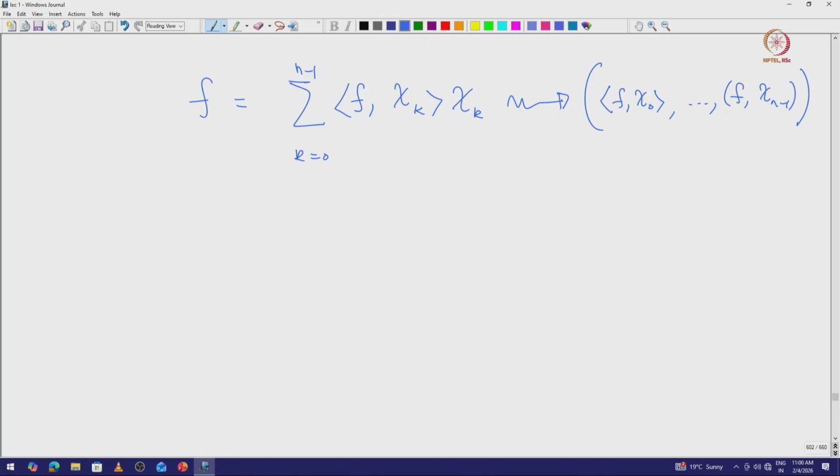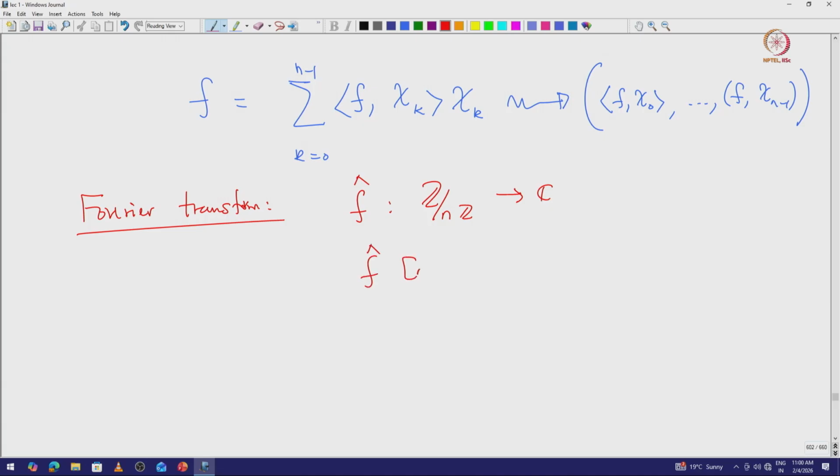So, we define this Fourier transform as follows. The Fourier transform of f is defined to be, again, a function from Z modulo nZ to C such that f hat at this coset bracket m is defined to be n times the inner product f comma chi m.